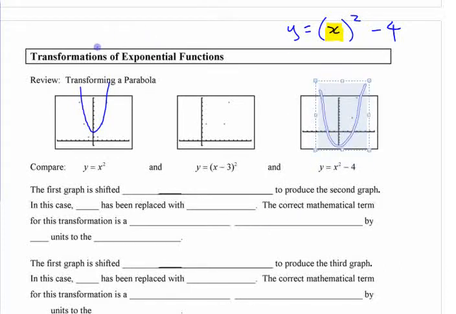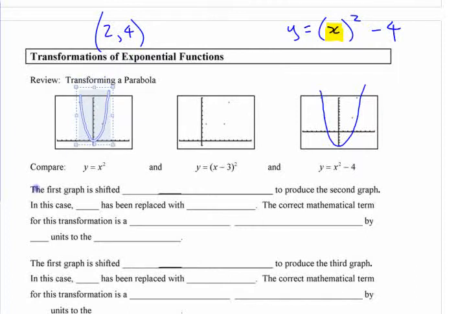If you have a point like (2, 4) on the basic graph, and I do that to the function, what point is going to be on this graph that corresponds to this one? If (2, 4) was right here, where is it going to be now?